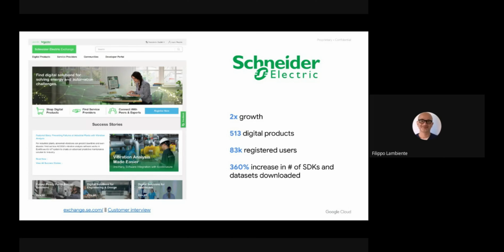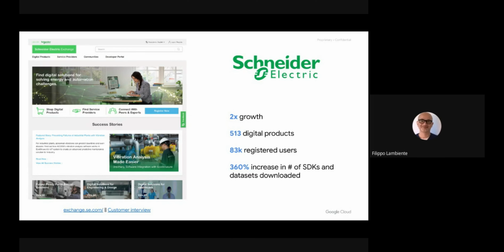Imagine, for example, Schneider Electric. They provide products for energy management for buildings, but not only for buildings, also for plants and so on. And all of their customers need to integrate this physical product inside the IT facility of the customer.